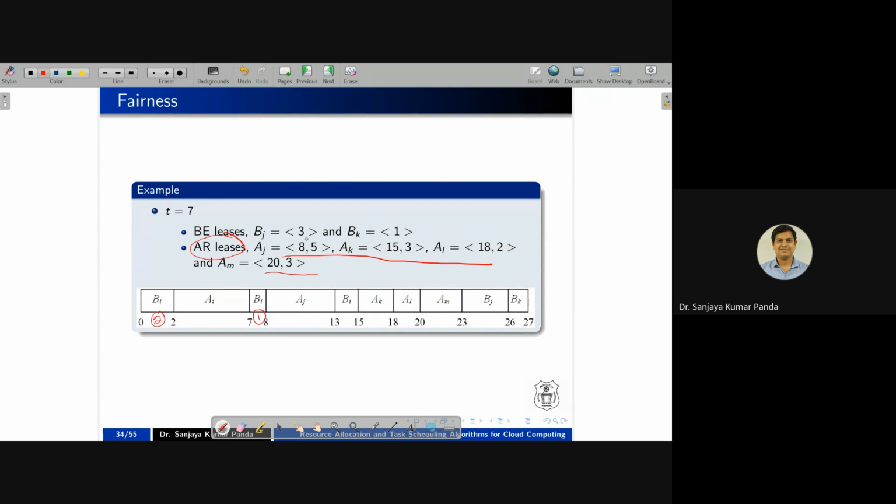Then we give the chance to this advanced reservation lease. It will start at 8 and continue up to 13. Then the other 2 units can execute and it will complete its execution at 15 units of time.